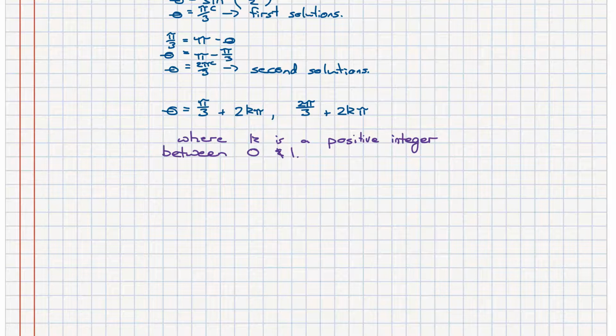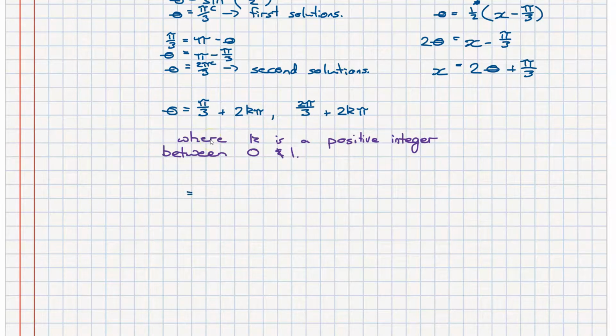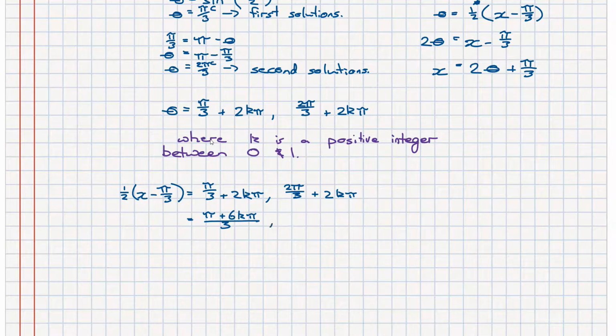Rather than going and working out all of these solutions, so doing this, we're going to get a half x minus pi on 3 is equal to pi on 3 plus 2k pi, and then 2 pi on 3 plus 2k pi, and then we need to have a common denominator here, so we're going to get 3, that's going to be pi on 6k pi, then 3 again, 2 pi plus 6k pi, and then multiplying both sides by 2 to get rid of the half.